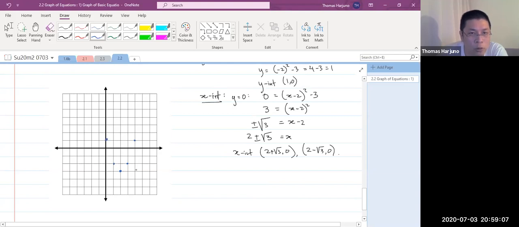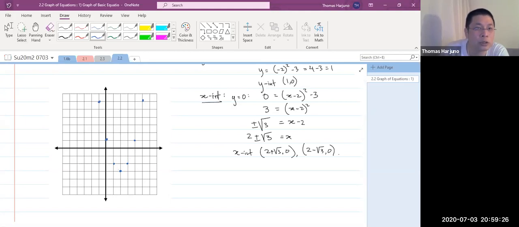Actually, I can do more. 3 to the right, up 9, because 3 squared. 3, 4, 5, 6, 7, 8, 9. Therefore, 3 to the left, also up 9. Okay, so my graph will look something like this.